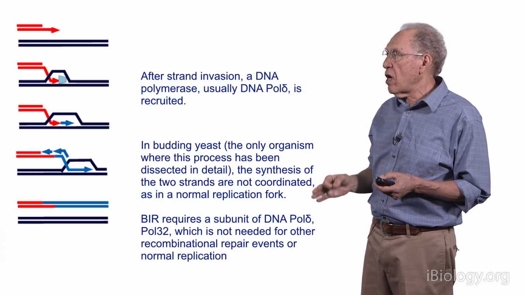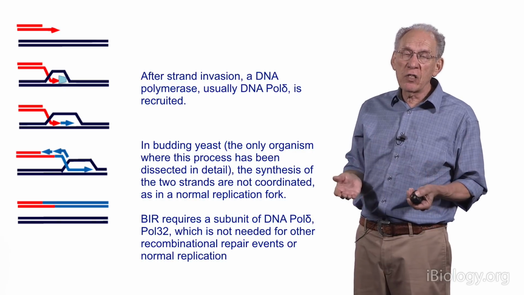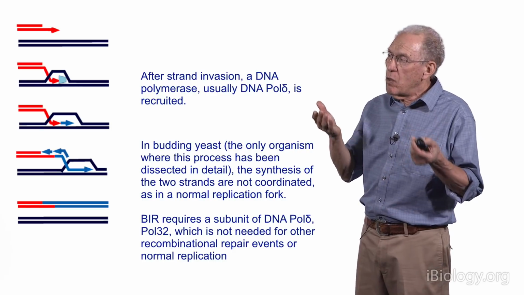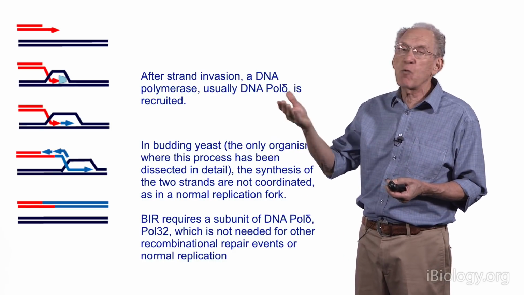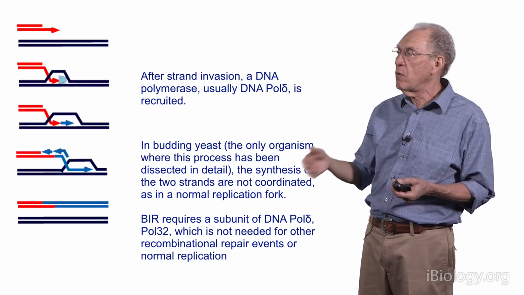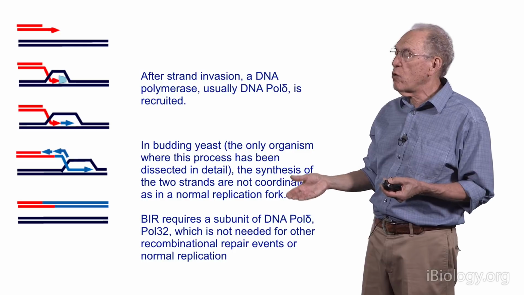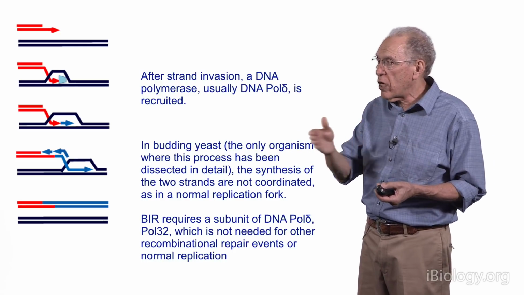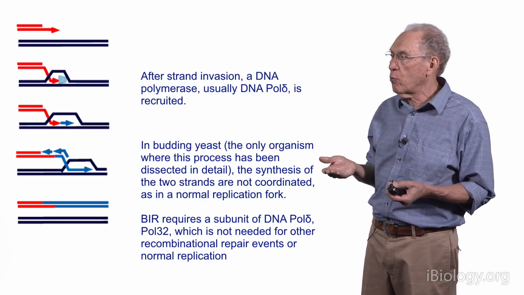One of these components is called Pol32. It's a non-essential subunit of the DNA polymerase complex, not needed for normal DNA replication, but essential for this replication restart mechanism, break-induced replication. And we think that this Pol32 protein is allowing DNA polymerase delta to work as a more processive enzyme than it would under normal circumstances.